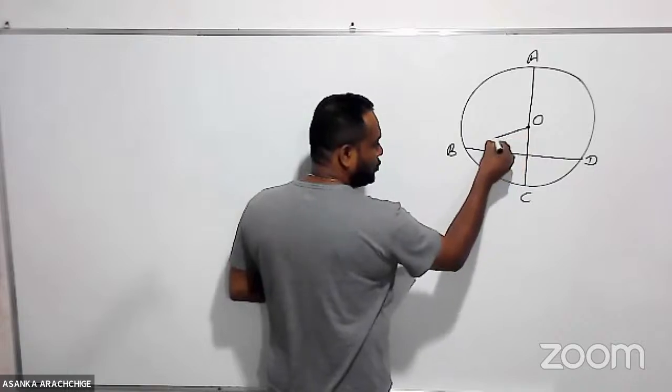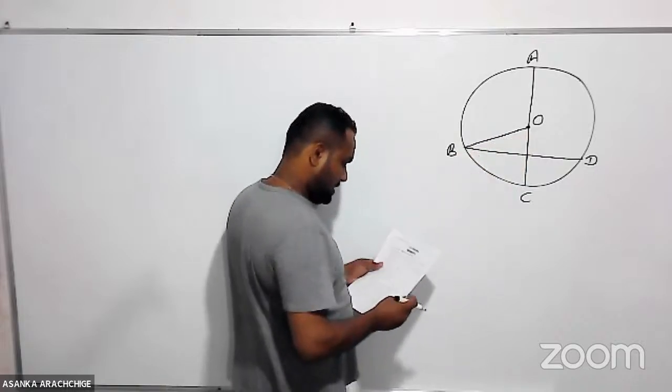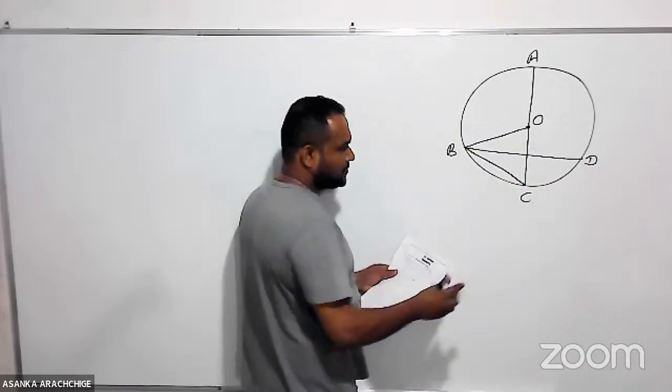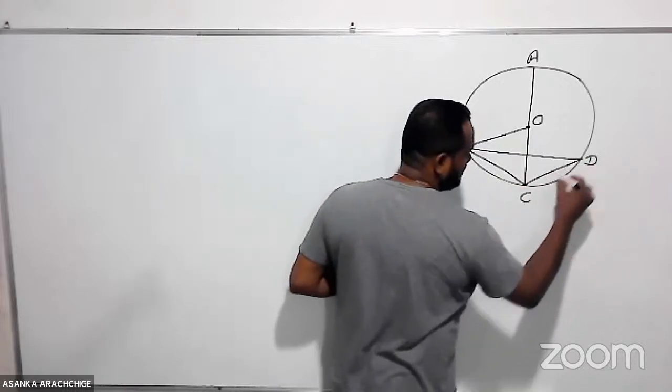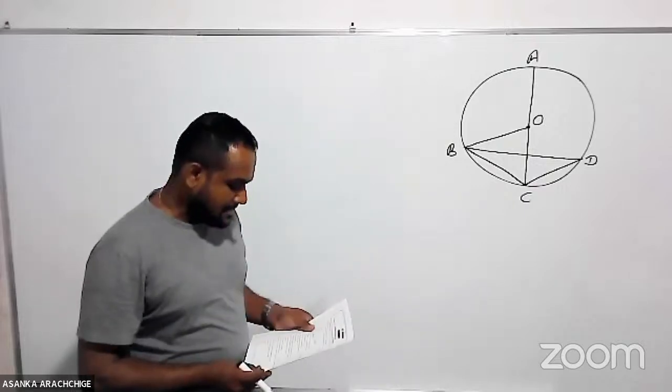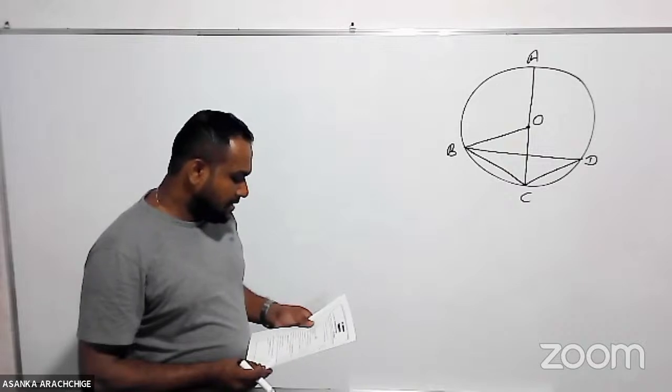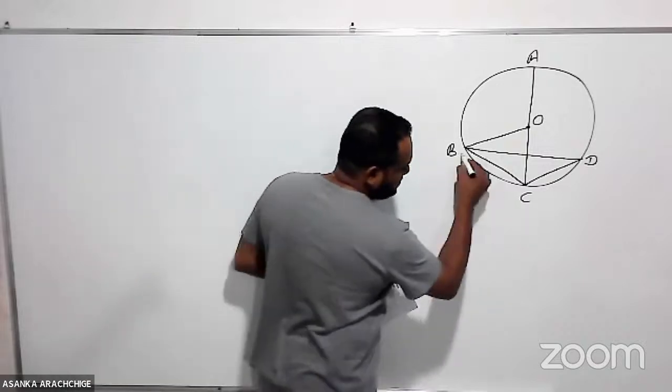These are the other parts of the given diagram. We are given that angle BDC is 30 degrees.